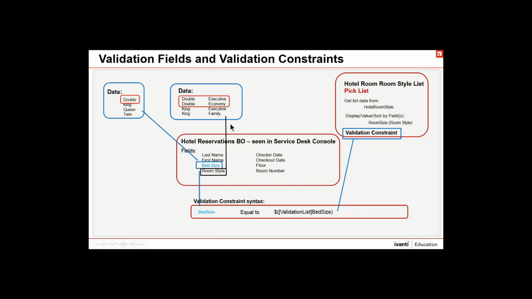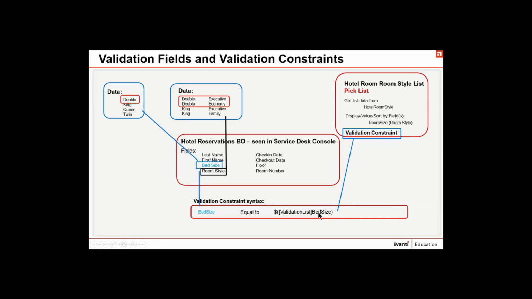So they're going to see this business object, so this would be the field that they would pick first. And then they'd be presented with a list of the room styles that we have with that size bed. So to make that happen, down here we say they pick the bed size, and then equal to. And then we're going to put this function or expression over here.